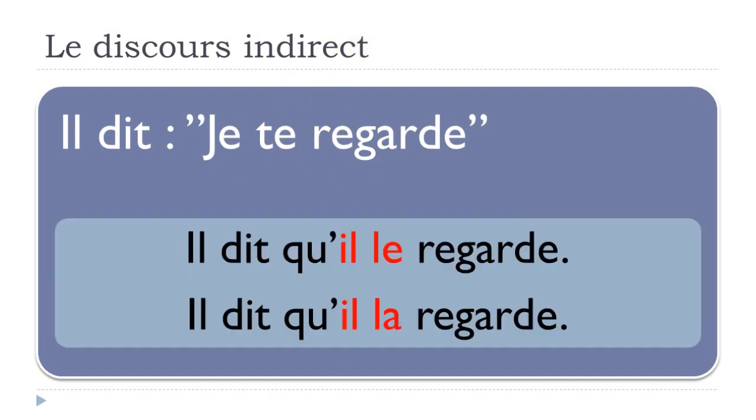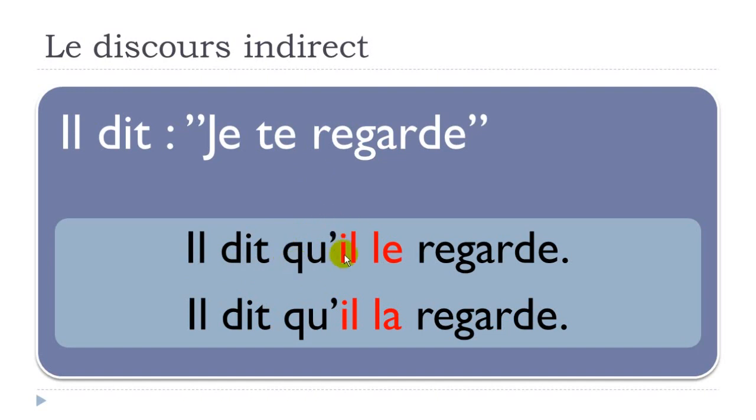Okay, so let's see now, and it's quite interesting because in that case, if you get the sentence just like that without any previous information, whether this te is for a boy or a girl, then it can be quite tricky because we don't really know, and we'll have two options. The first one, il dit qu'il.